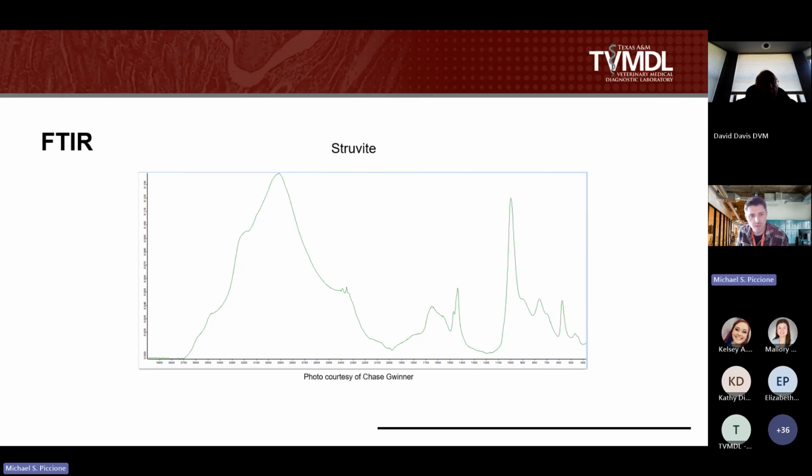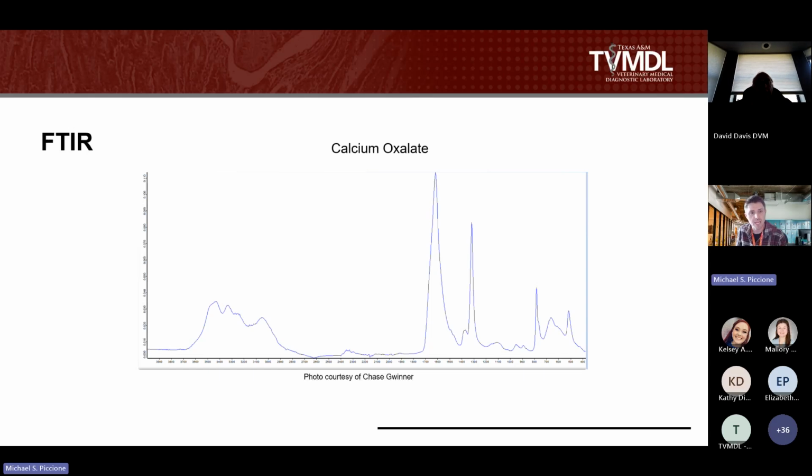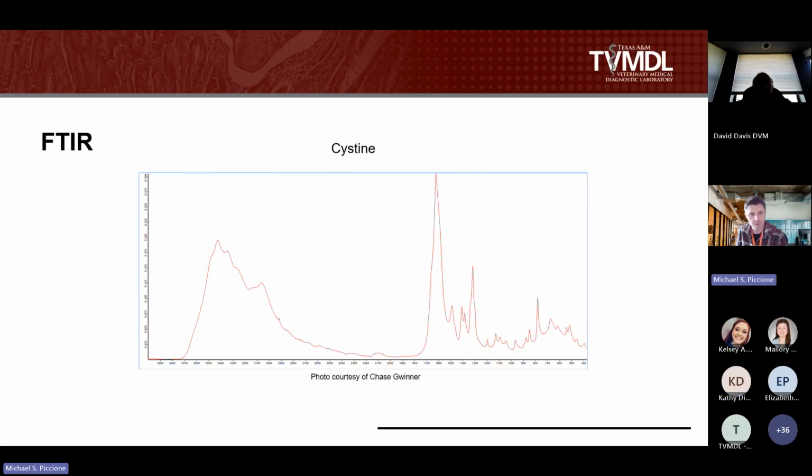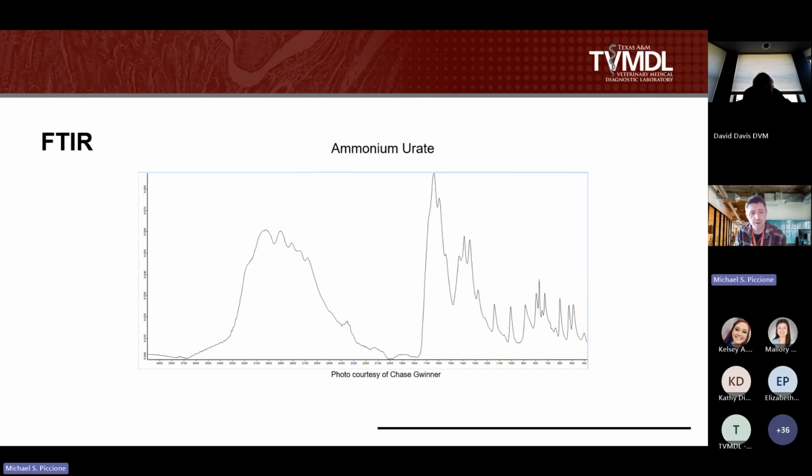And you'll get this very pretty graph. But what I like to showcase is that struvites have a very unique fingerprint compared to calcium oxalate, so a very different graph here. We'll compare that again to another common stone we talked about before, cysteine, and finally, our ammonium urates. And you can see these graphs vary tremendously.